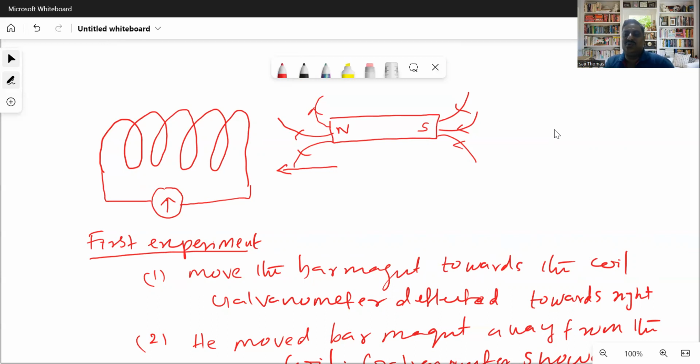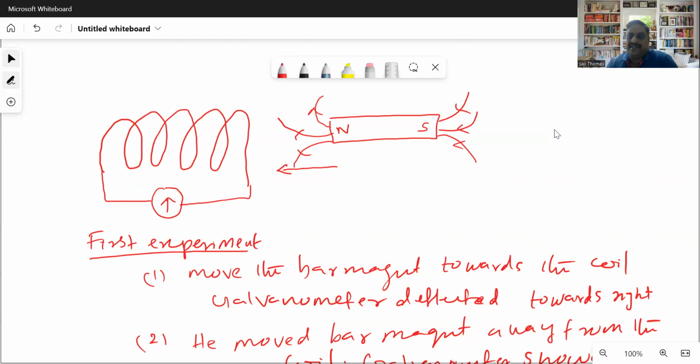Then only current is induced. So what is the condition for current to be induced? The magnetic flux linked with the circuit must change. Then only current is induced. This is the first experiment by Faraday.